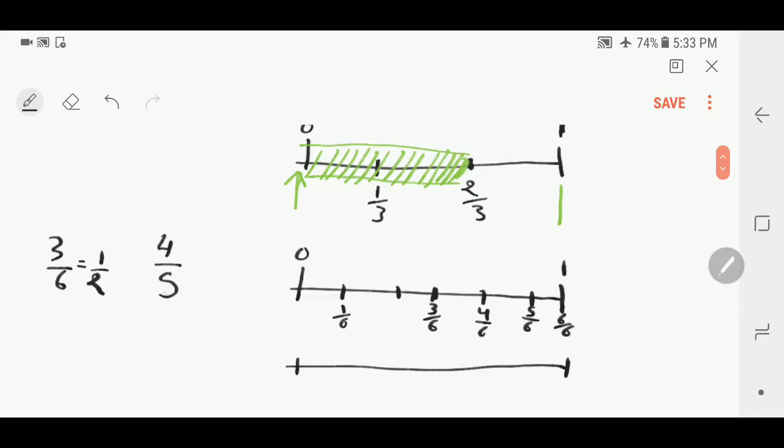Can we simplify it? Okay, how can you simplify it? 4/5 cannot be simplified, because they don't have a common multiplier.